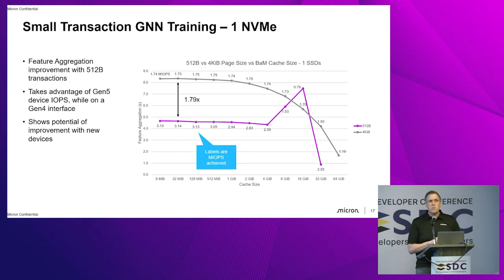No, this was more of a proof of concept that said if we could make an SSD that did more of the smaller transaction IOPs, could you take advantage of it even on a current gen system?